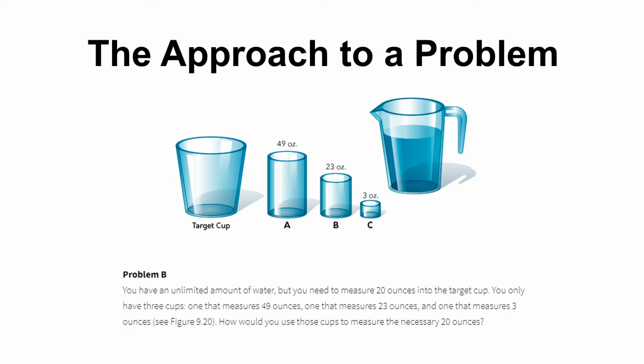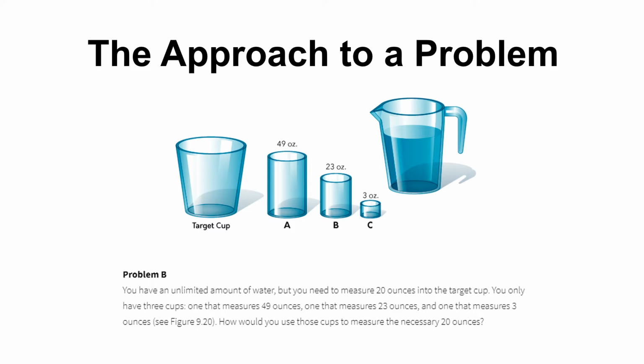What we might say here is, well, last time we had the largest cup, so we added 49 ounces, and then we subtracted our second largest cup, so that would bring us down to 26 ounces, and then we could subtract 2 of cup C, so we would subtract 3 and then 3 more, and that would bring us to 20 ounces total. That would be another way to solve this problem.